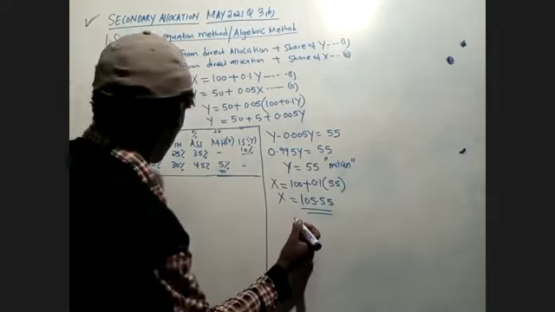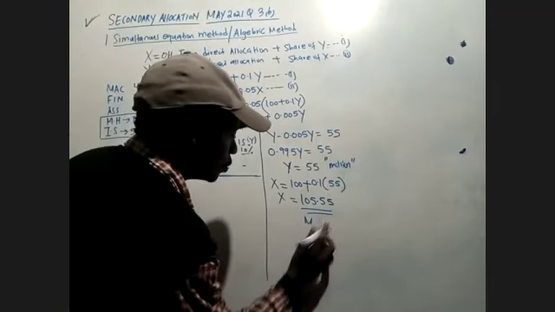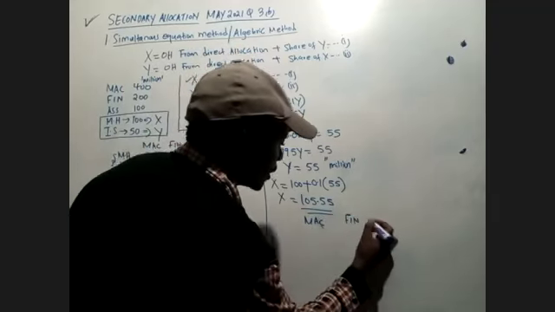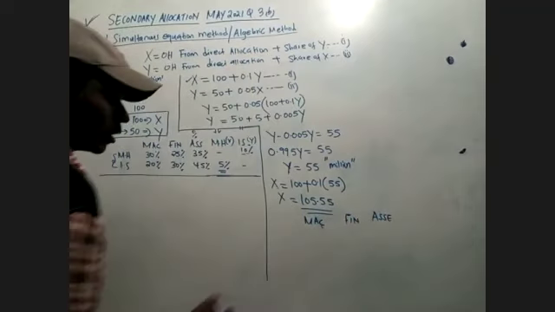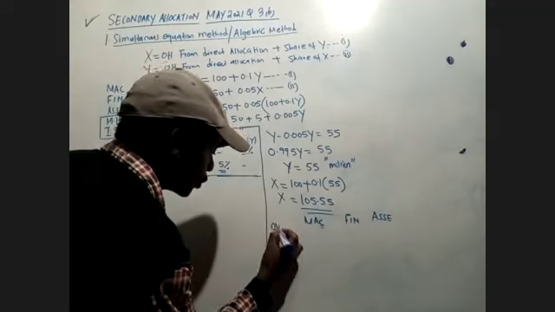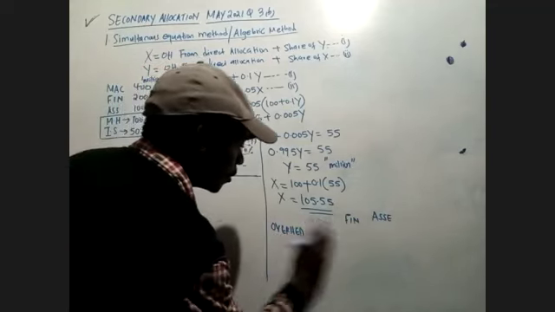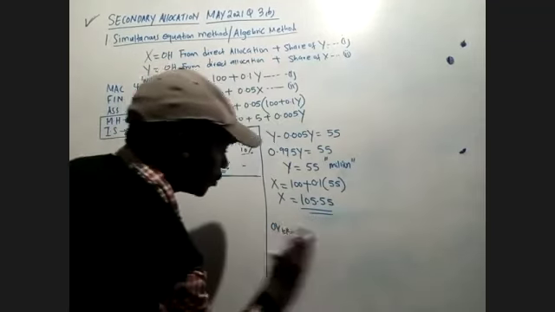Now we need to do this one. We have mark, fin, and assembly. Tuanze na overhead. Already tulikuwa nayo overhead. So acha tuite hivi.